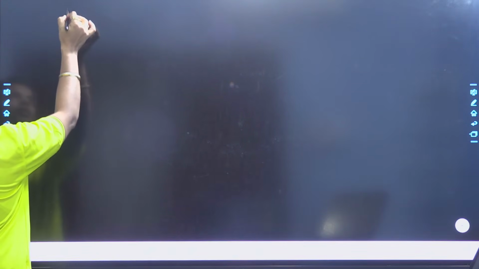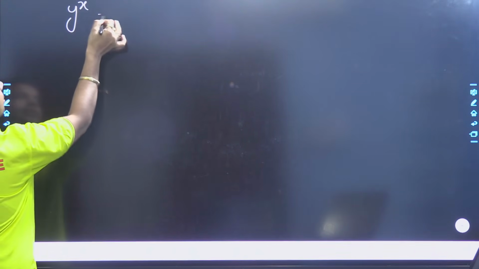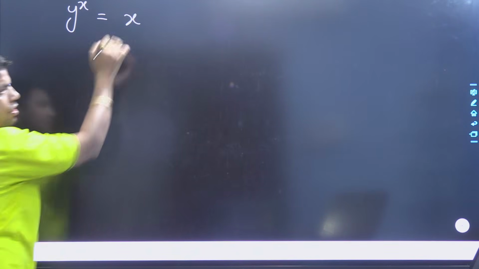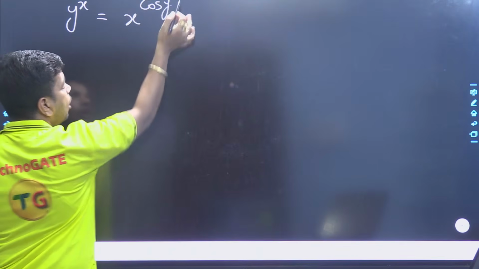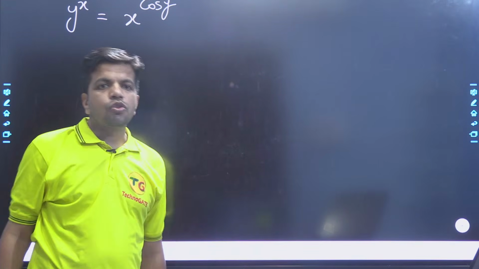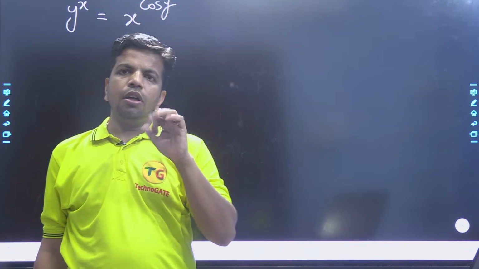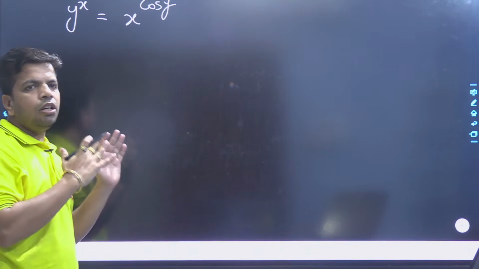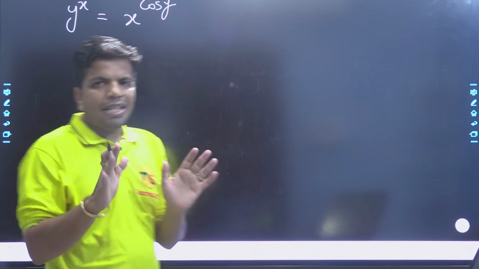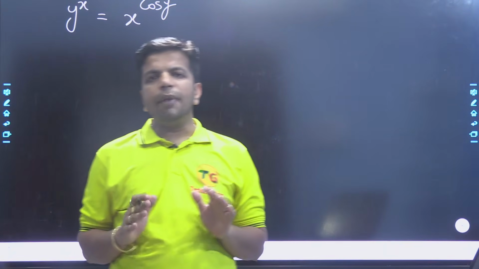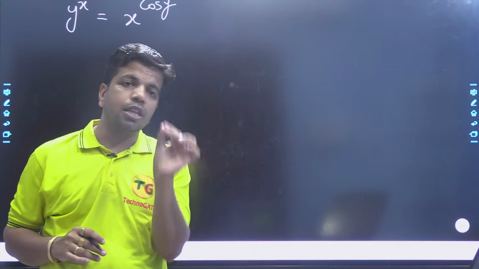The question is simply y raised to x is equal to x to the power cos y. Here we need to take a differentiation with respect to x, because ultimately we need to calculate the value of dy by dx, means we need to differentiate y with respect to x.